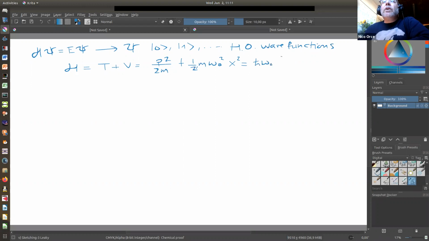We can put h bar omega naught, or we can drop the naught, which is going to be equal to P. Remember that P is an operator, so it has a little hat here. It operates on a wave function.